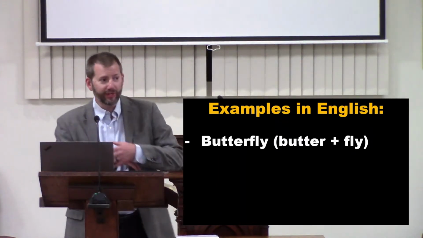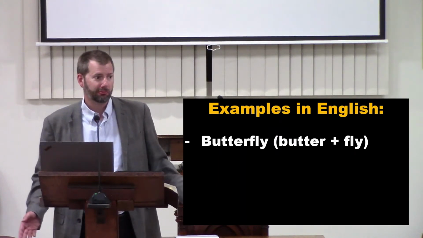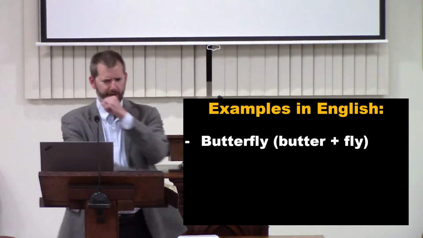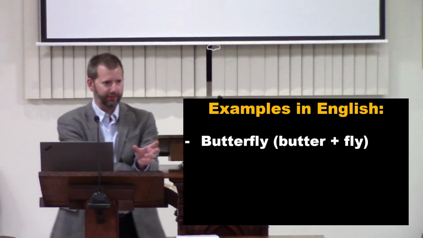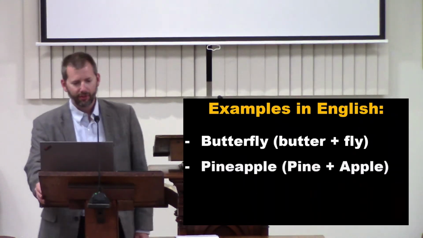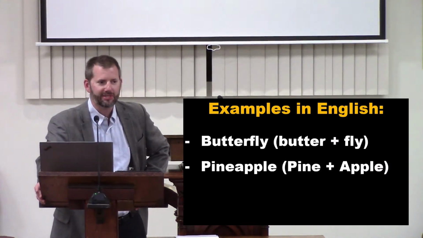Butterflies have absolutely nothing to do with cow's milk. Why are they called that? I have no idea. But if we were to look at it and say, okay, butter plus fly equals butterfly, that would mean butterflies come out of... no, they don't. Or pineapple. Pine plus apple. So is this an apple that grows on a pine tree? No.